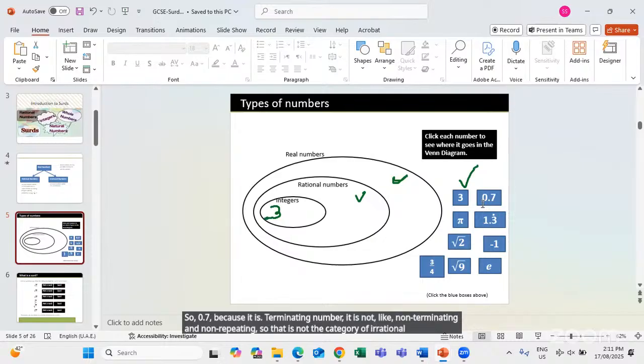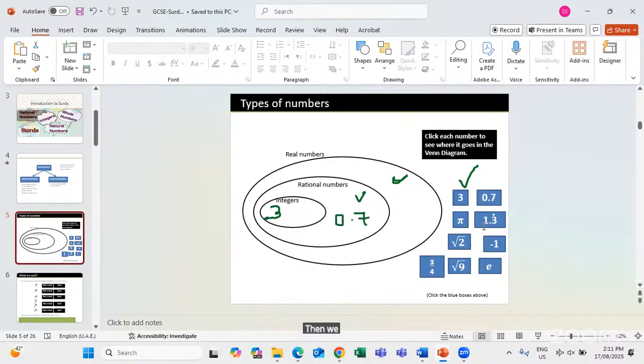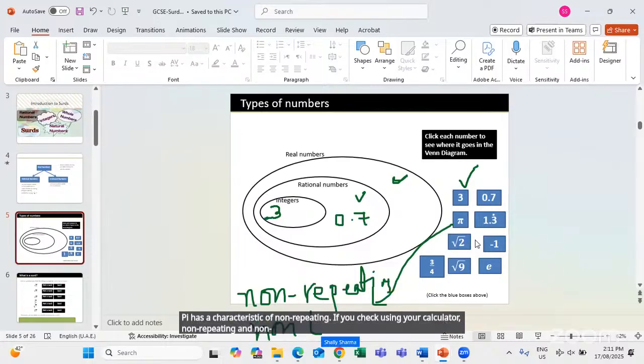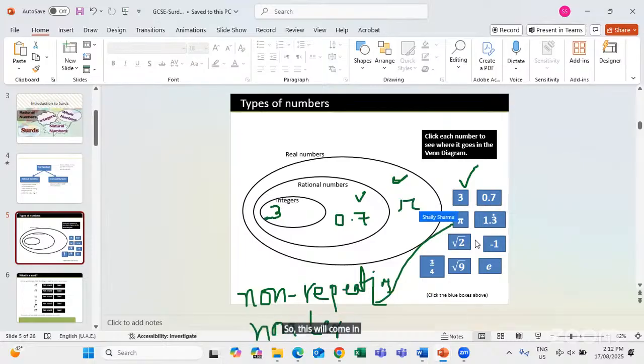This is a rational number. Then we have pi. Pi has the characteristic of being non-repeating. If you check using your calculator, it is non-repeating and non-terminating, so this will come in this category.